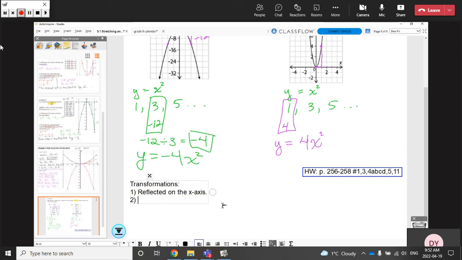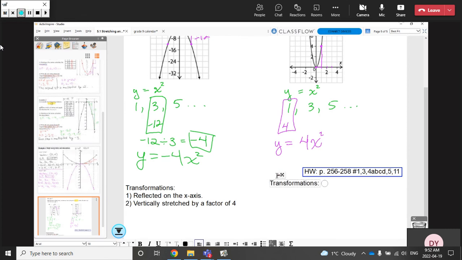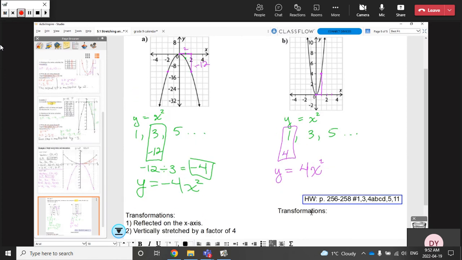The second transformation was that it got vertically stretched by a factor of 4. This one over here, compared to y equals x squared, there was no reflection, but there was a vertical stretch by a factor of 4.